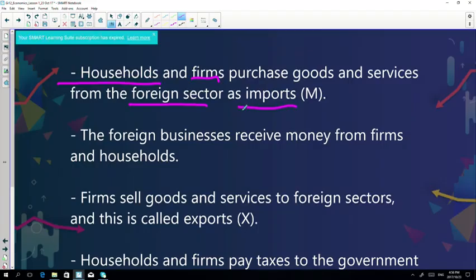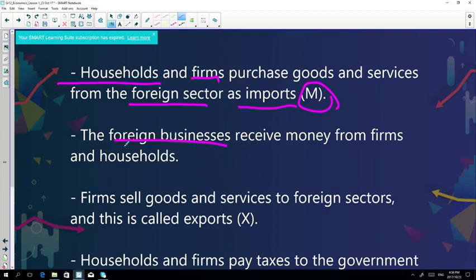So we have to rely on foreign countries to supply us with those products. That's why we import: either we have limited supply and we need more, or we don't have that particular product at all, and therefore we have to rely on other countries to bring it. And that's the representation of imports in the circular flow model.